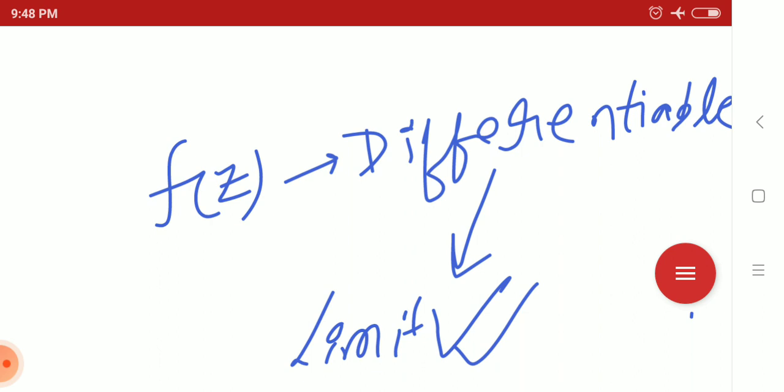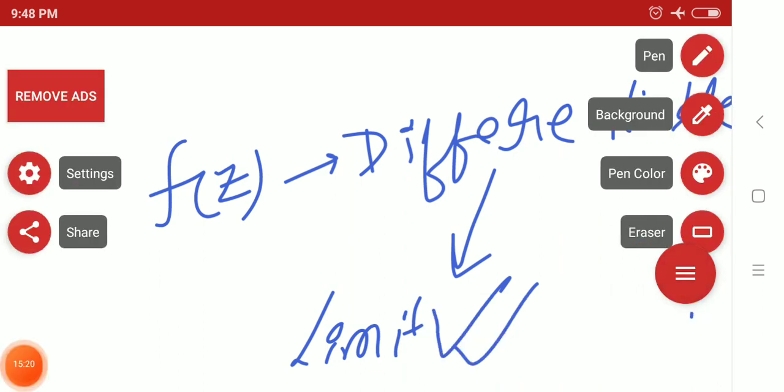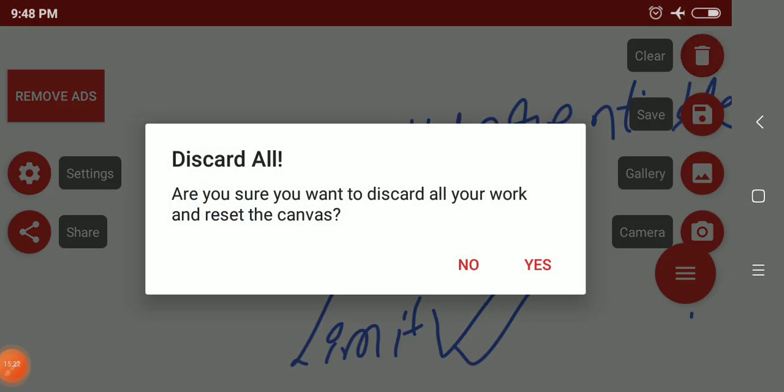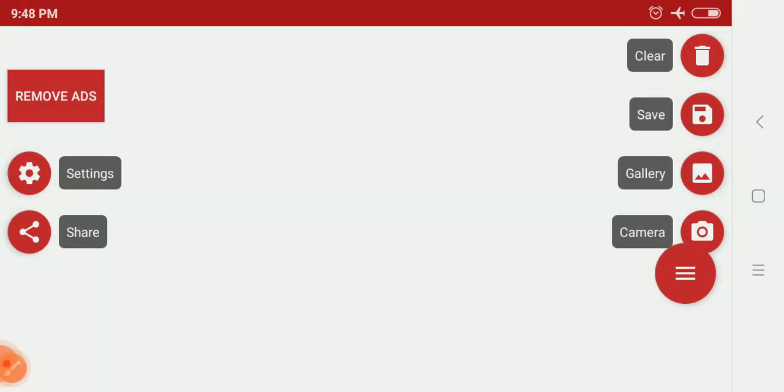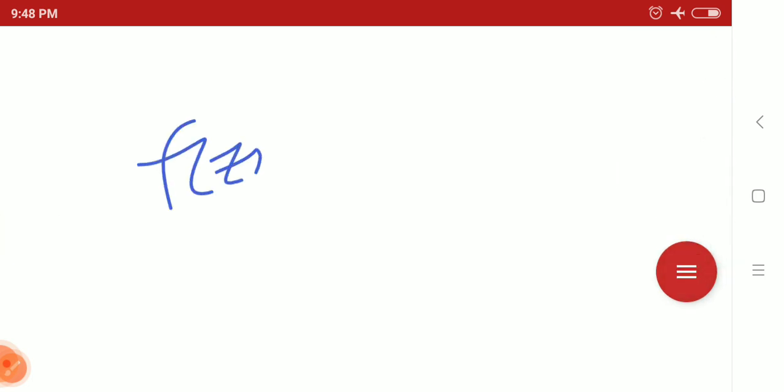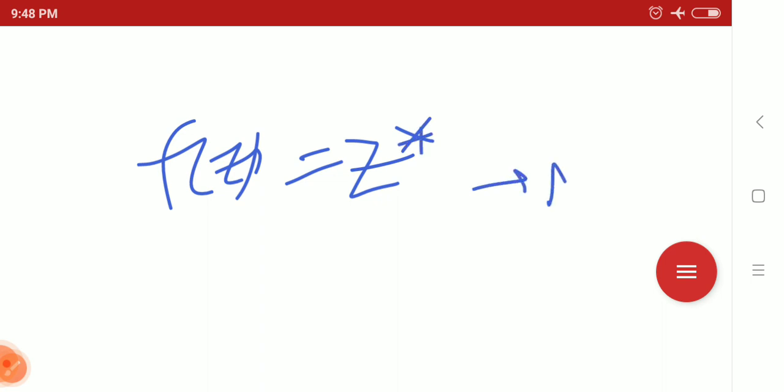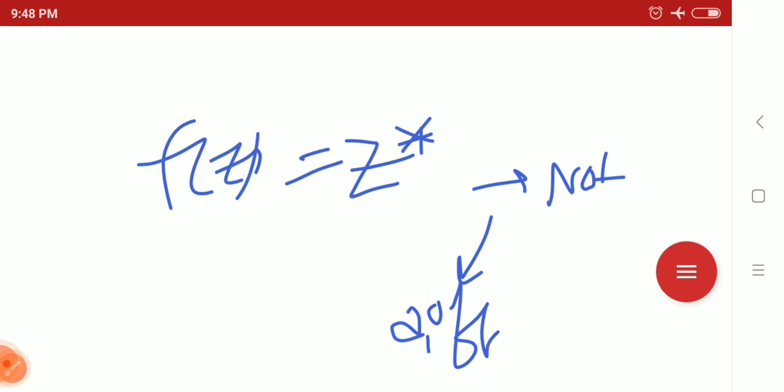The limit is path dependent. As the limit is path dependent, delta z tends to 0 is also path dependent. So z star is not differentiable.